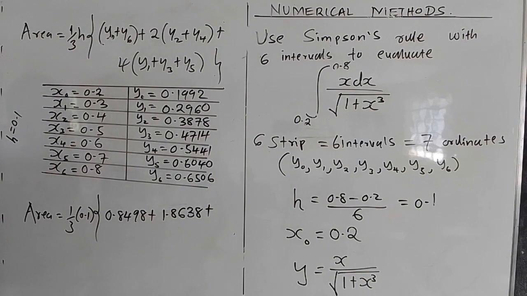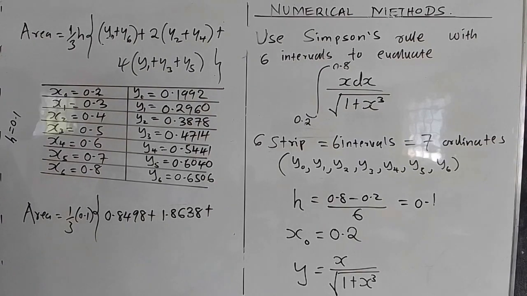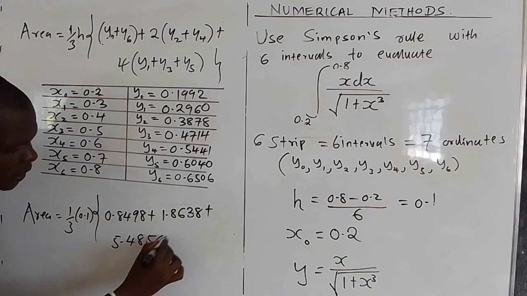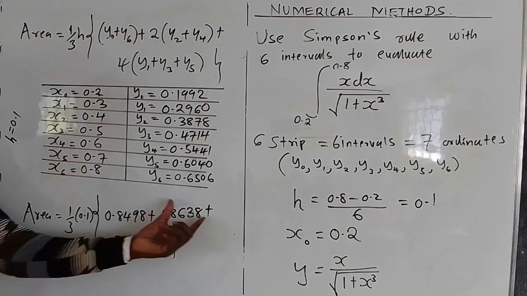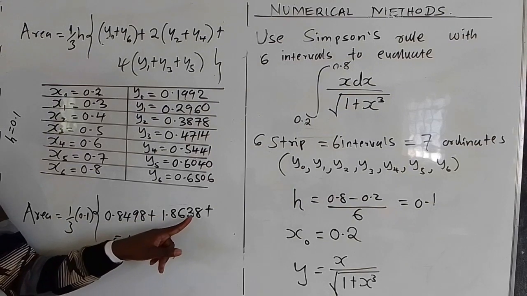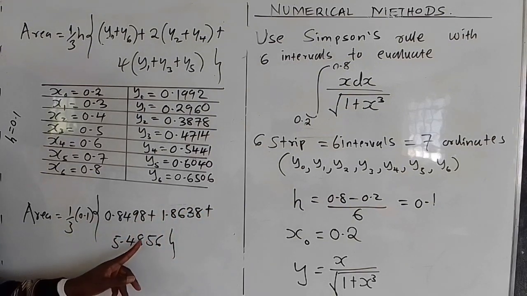y1 plus y3 plus y5. What have you found? 5.4856. So can you add everything inside the bracket? 0.8498 plus 1.8638 plus 5.4856.